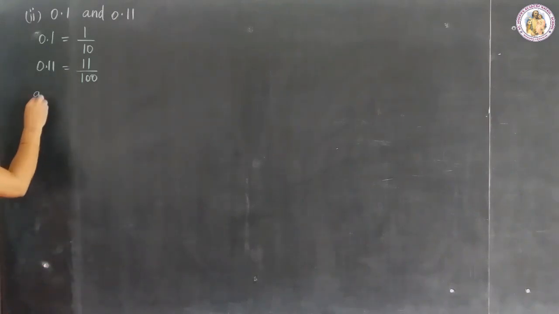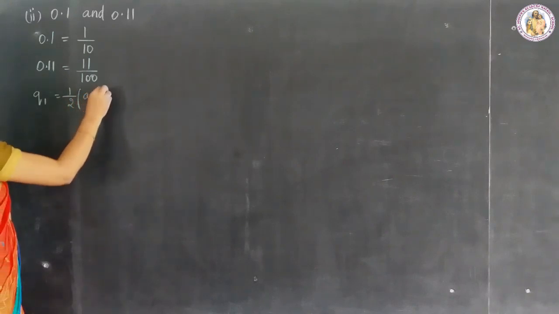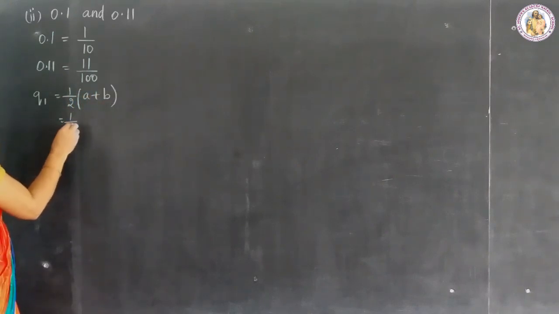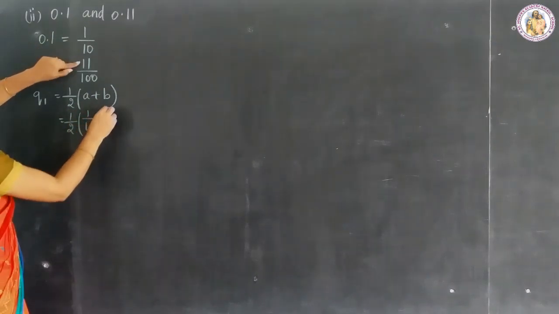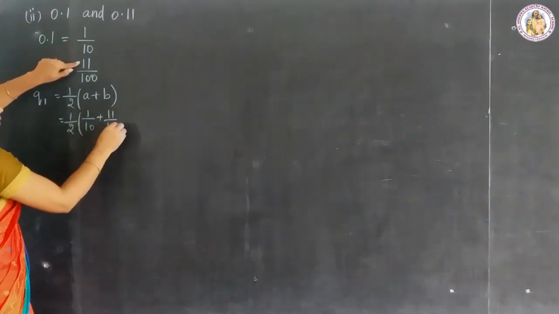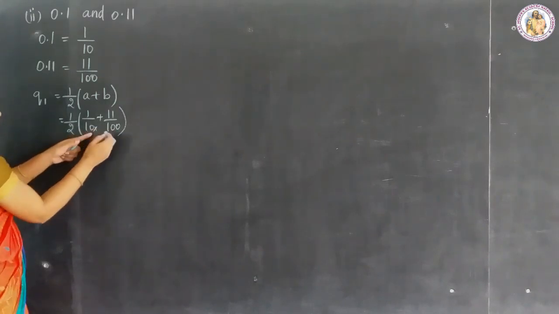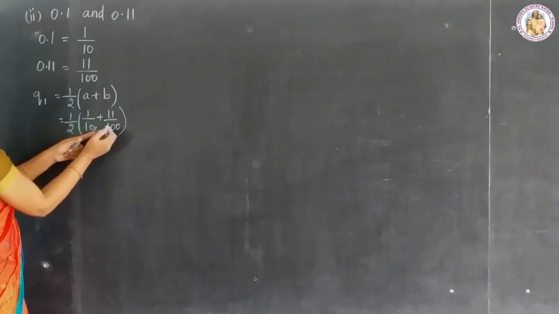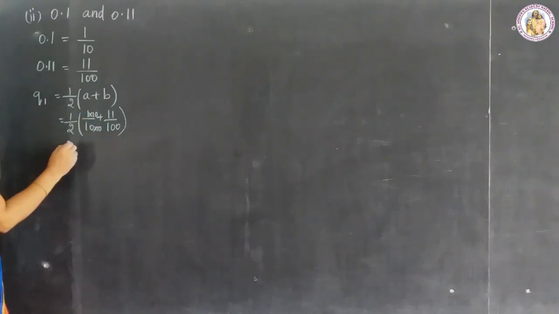So to find Q1, 1 by 2 A plus B, 1 by 2 A, 1 by 10 plus B, 11 by 100. So to find LCM, take into 10 both to the numerator as well as denominator.